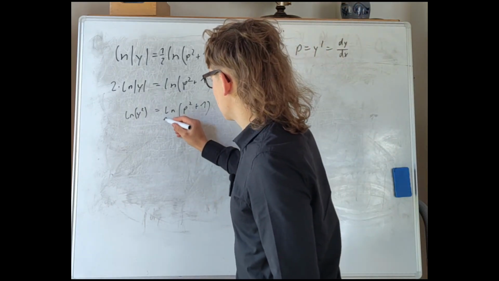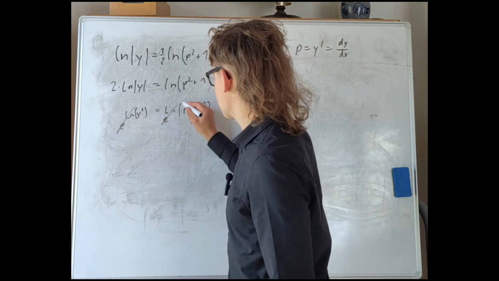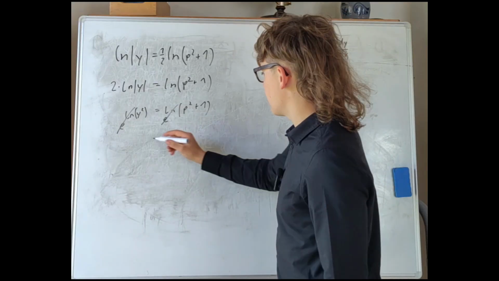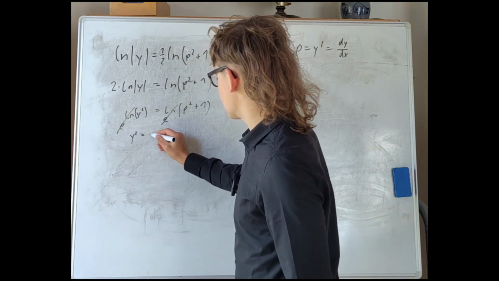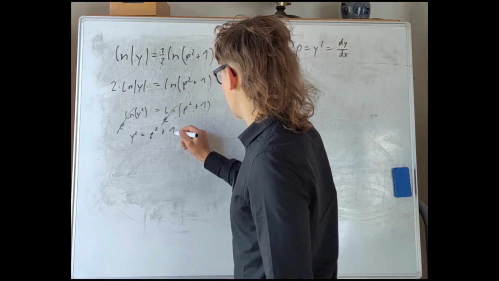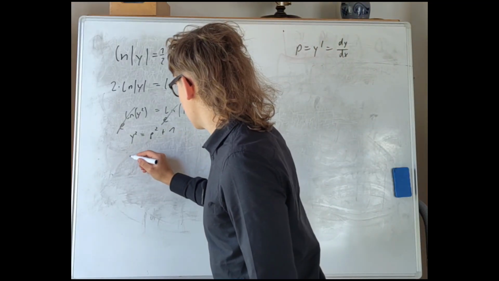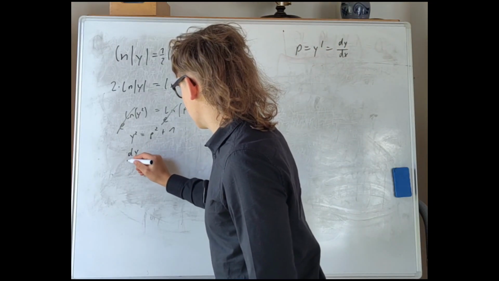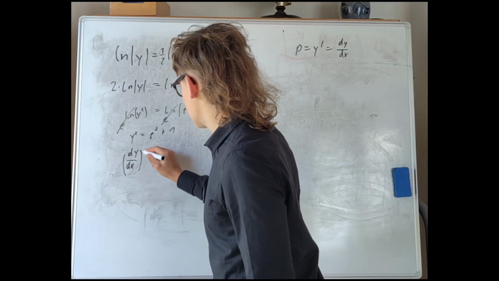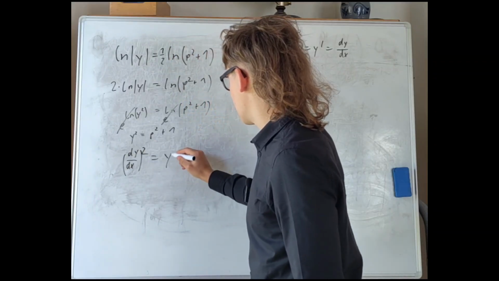Now we can just e to the power of both sides, and that way we get y squared equals p squared plus 1. And now we plug back in the definition and subtract 1, so we get dy over dx squared is equal to y squared minus 1.